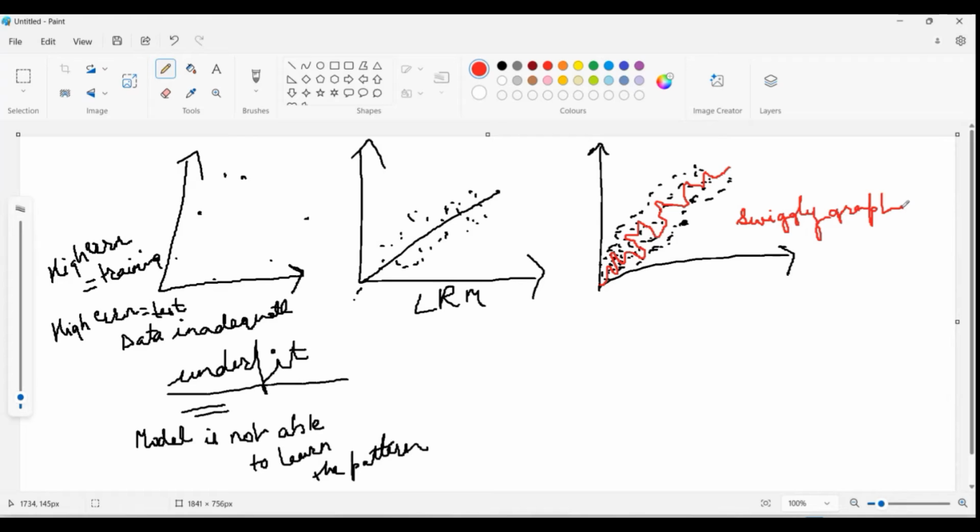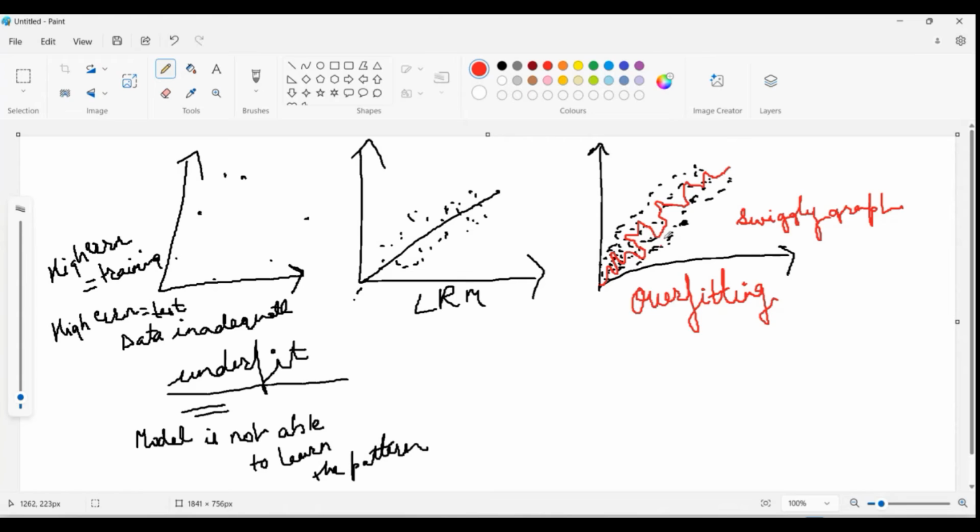That means if we give too much data, it becomes a case of overfitting. It will try to pass through all the points and make the curve complex.